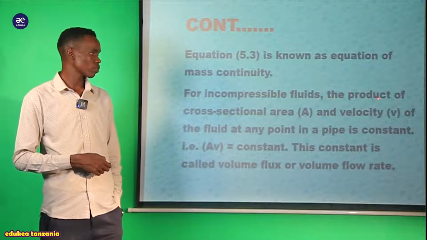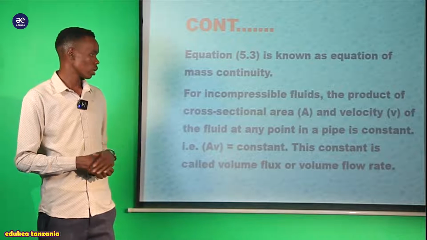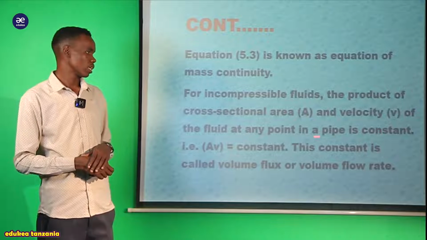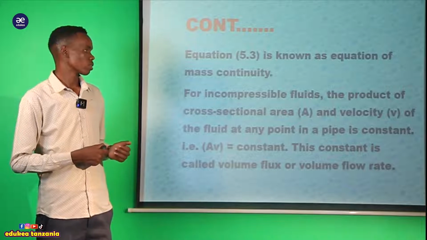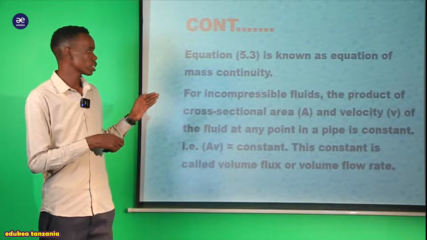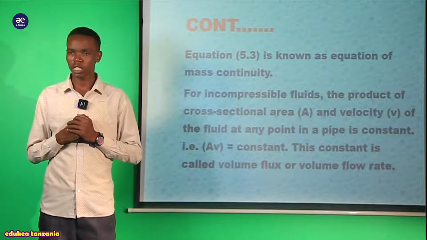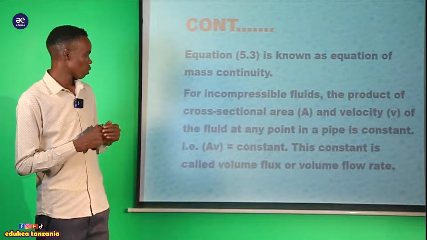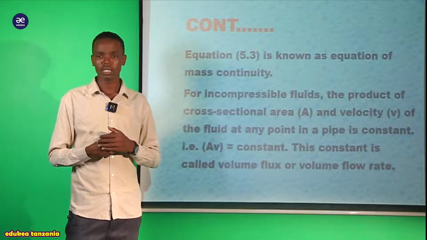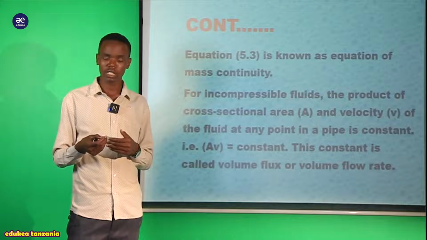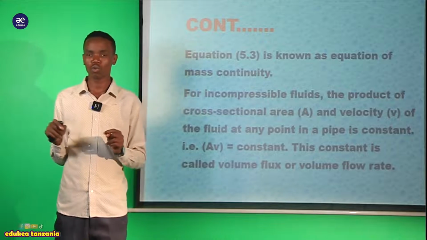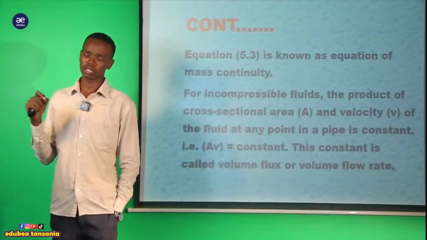Now for an incompressible fluid, the product of the cross-sectional area A and the velocity V of the fluid at any point in the pipe is a constant. So we say that for an incompressible fluid, the cross-section area together with the velocity should remain constant. In the end, this AV must be equal to a constant: A1 V1 must be equal to A2 V2, must be equal to A3 V3, and so on.